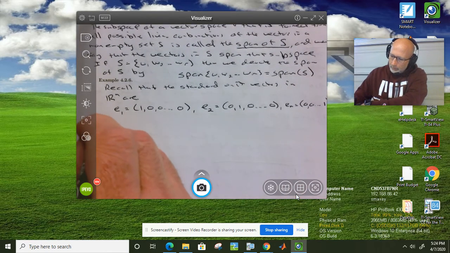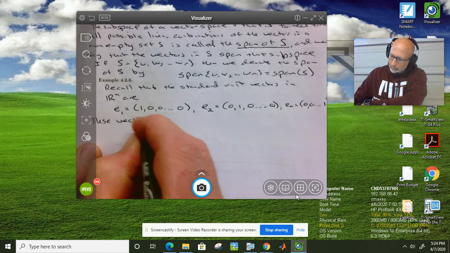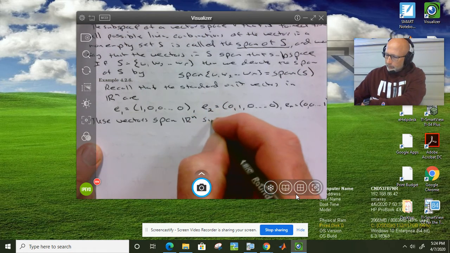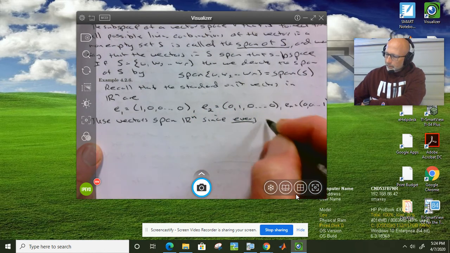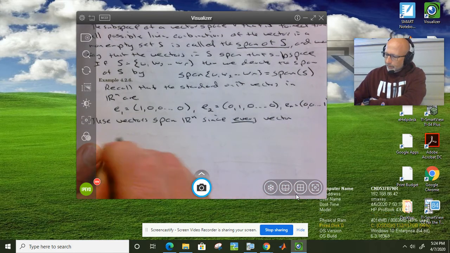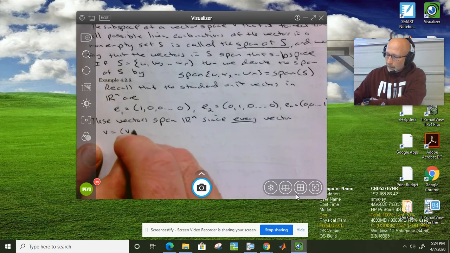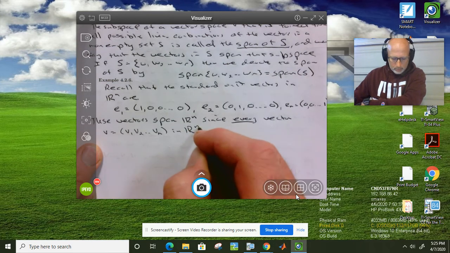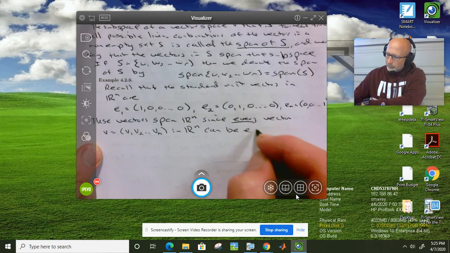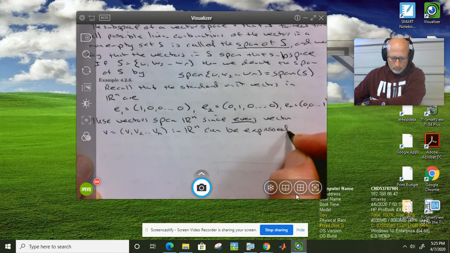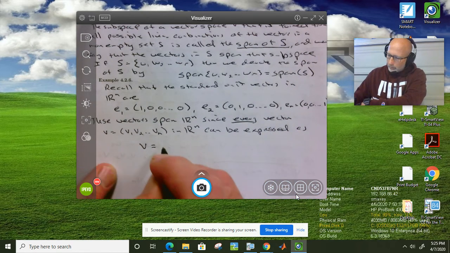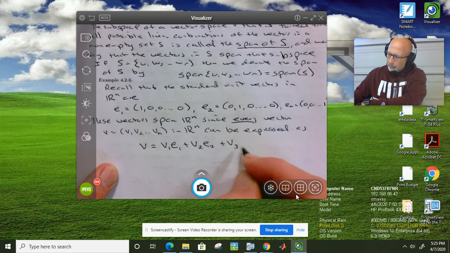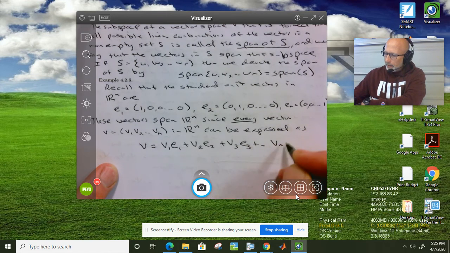So these vectors span Rn, since every vector of the form v equals v1, v2, all the way to vn in Rn can be expressed as v equals v1 e1 plus v2 e2 plus v3 e3 all the way out to vn en.